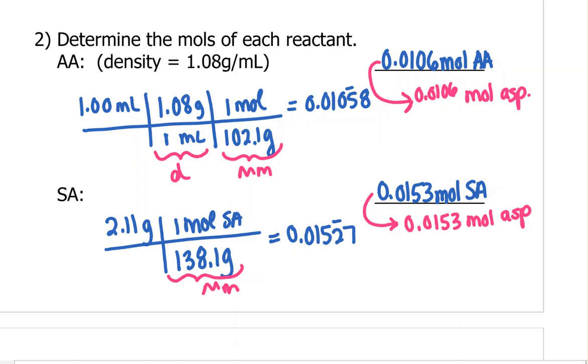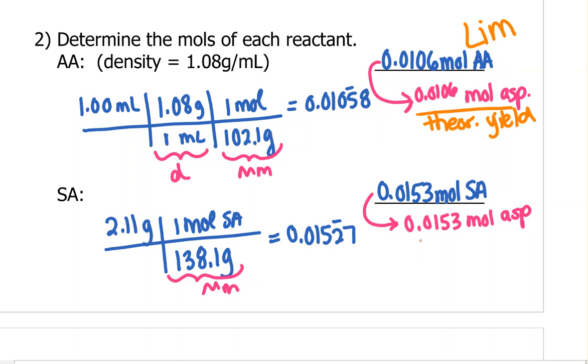Okay, so from that, what we normally do is we look at the one that makes the least product or predicts the least product. And we see that this one, the acetic anhydride, must be the limiting reagent. And this is going to be our theoretical yield in moles.